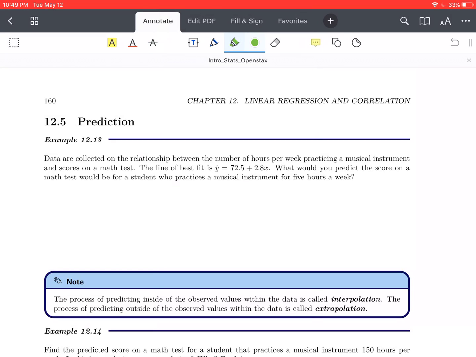So in this case, we're looking at the relationship between number of hours per week practicing and scores on a math test. When we're looking at 5 hours per week, that's going to be our input variable x. So for the appropriate score, we would be looking at 72.5 plus 2.8 times 5 hours per week spent practicing.